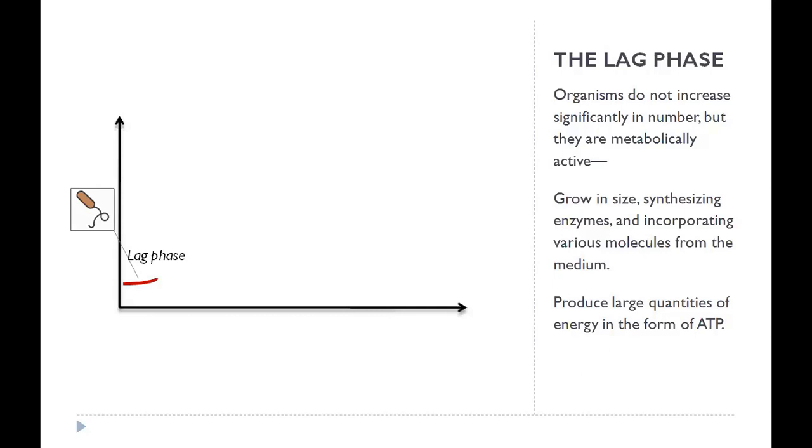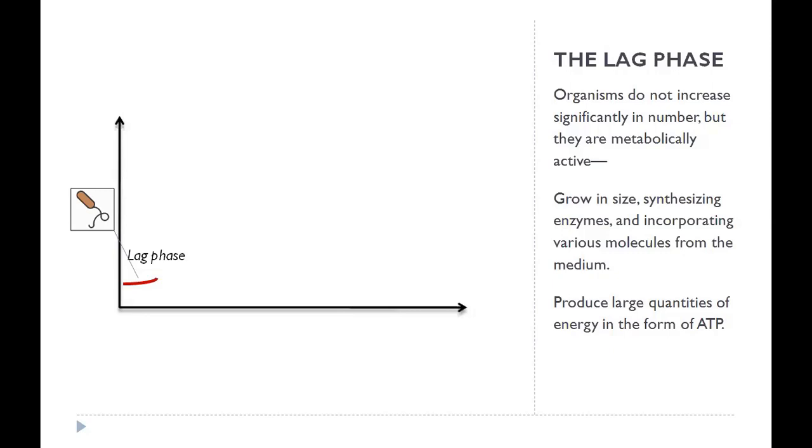The size of the bacterial cell will become larger, and in the lag phase, bacterial cells are involved in synthesizing the cellular components or building blocks of the cell, which are required for further growth and cell division. So in lag phase, bacteria do not increase in number, they increase in size.